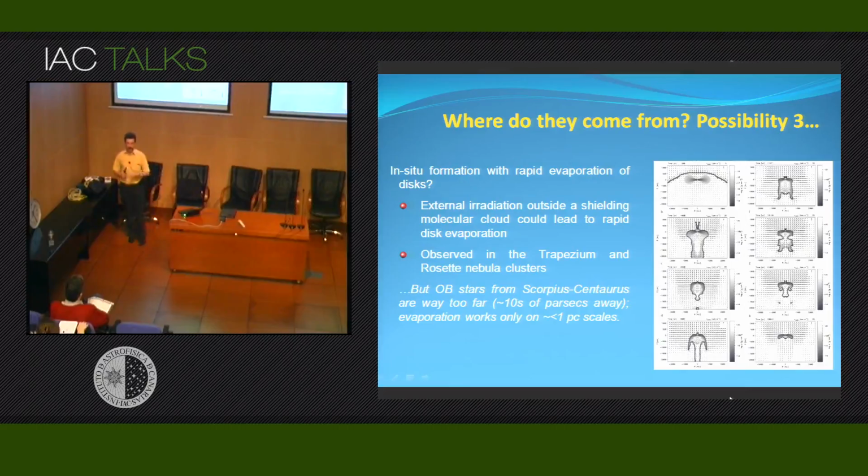A fourth possibility, which is somehow related to this one, it still has to do with the environment, and in particular with the massive stars in the environment of the Lupus clouds, is that in situ formation of low mass stars in Lupus may have been triggered by distant supernovae. This is a mechanism that is appealing for the explanation of many features observed in star-forming regions.